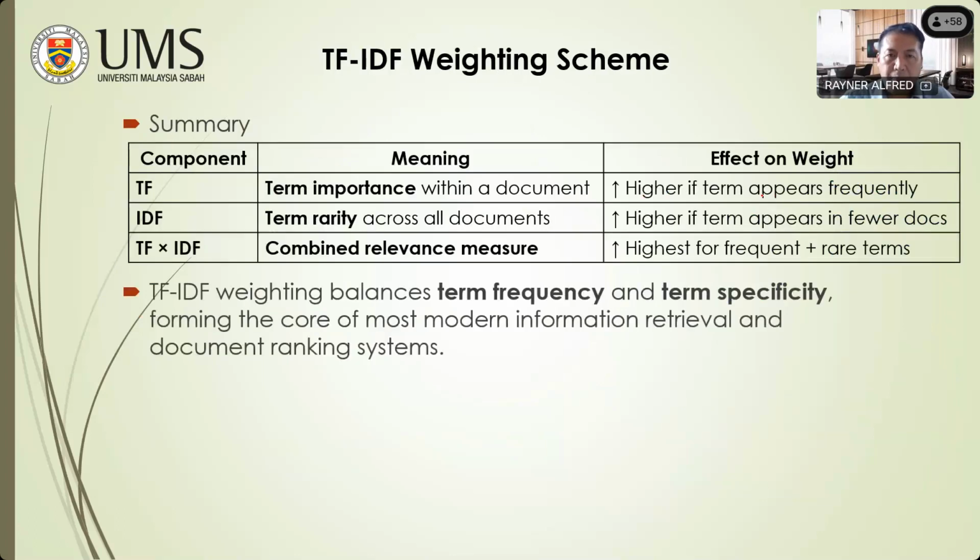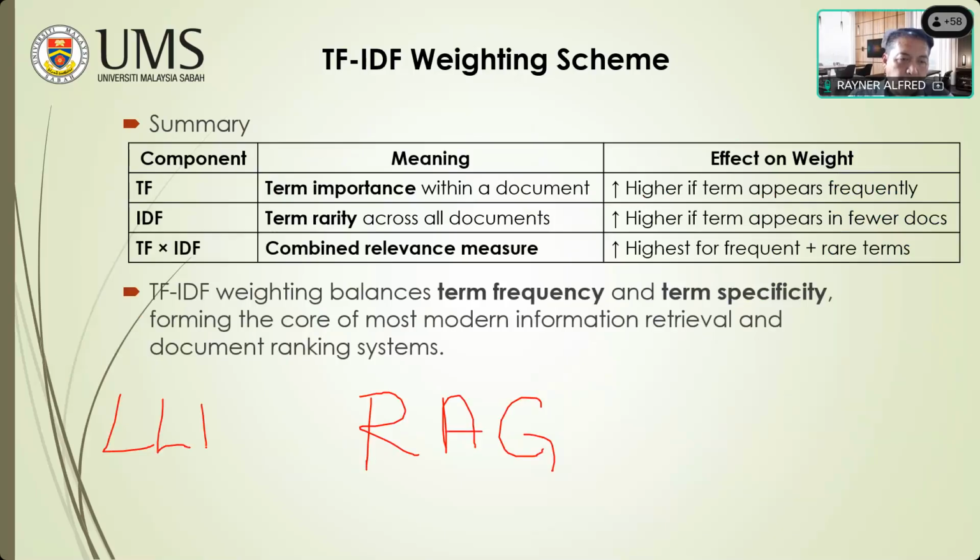Okay, so these term document metrics are used in RAG. RAG is one of the terms used in LLMs, large language models. This is retrieval augmented generation.